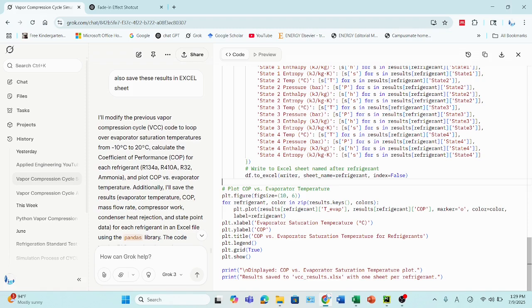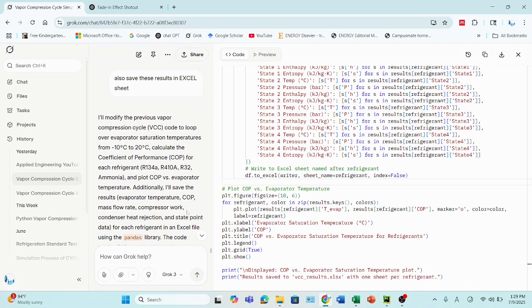So let's continue and now we will go further deeper into the looping problem which we have done in the last video. So now we will try to improve our code and we will also add some important parameters. COP is one of the important parameters which we have already included in our previous video.